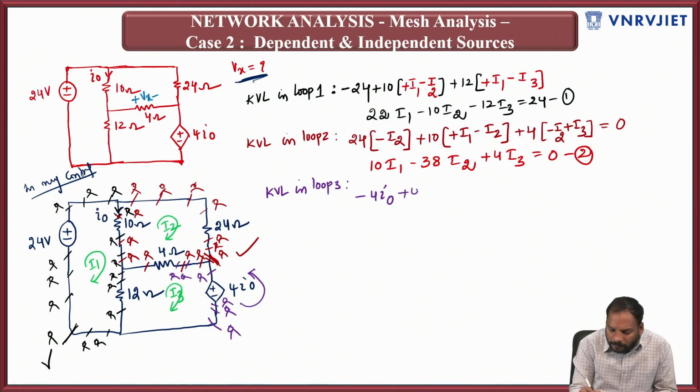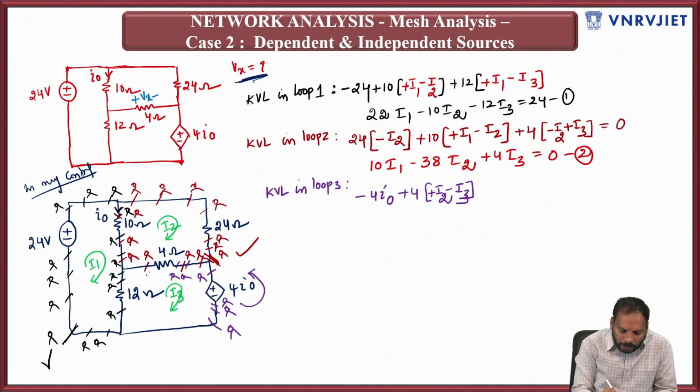Whenever you are ahead of this 4 ohms, try to observe the current now. The drop across 4 ohms is the effect of both I2 and I3. I2 is your friend and I3 is your enemy. So this is plus I2, I2 coming with you, but I3 is coming opposite to you, so this is minus I3.